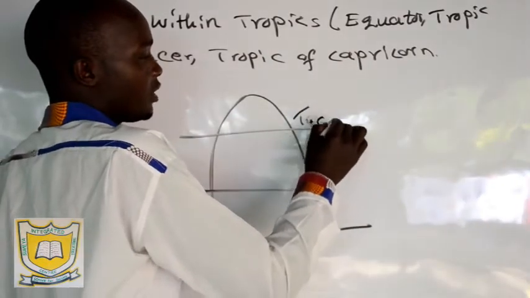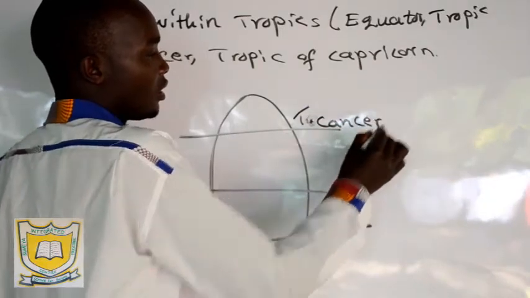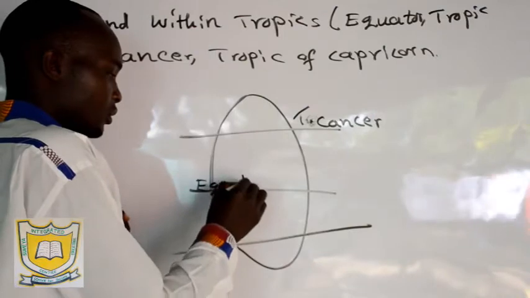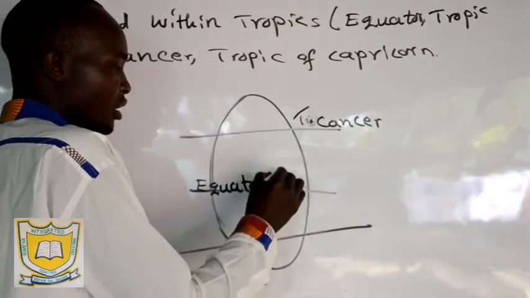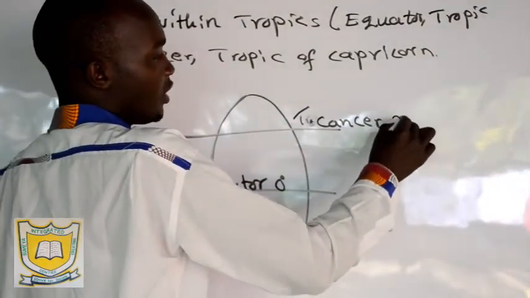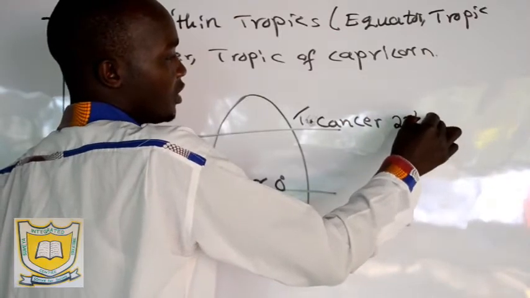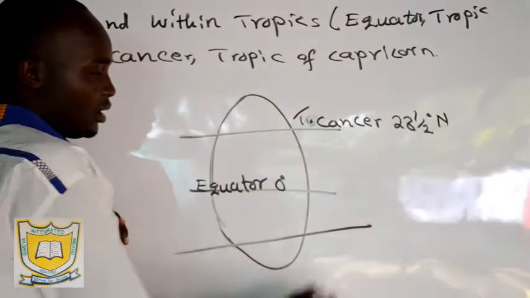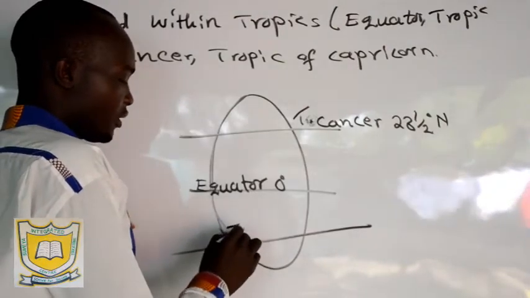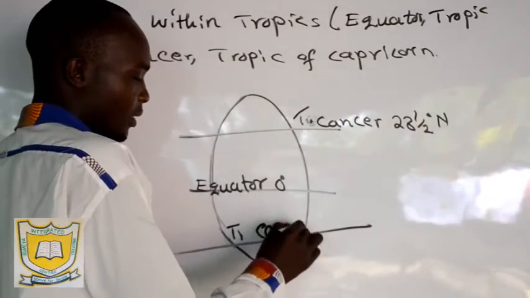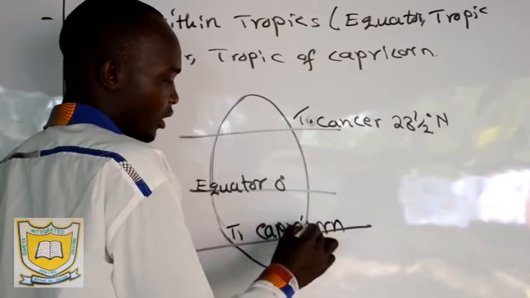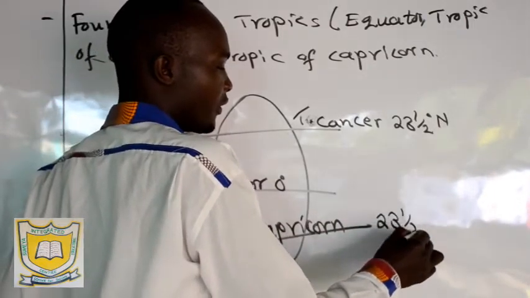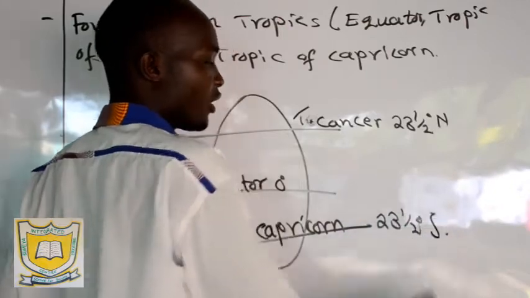Then we have the equator, marked 0 degrees. The Tropic of Cancer is marked 23.5 degrees north. And then this one is called the Tropic of Capricorn, marked 23.5 degrees south.